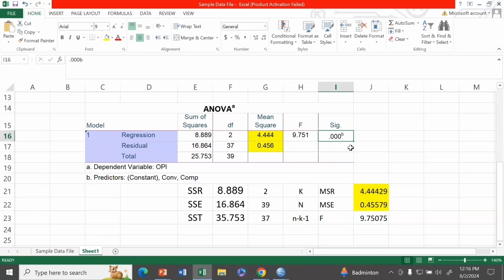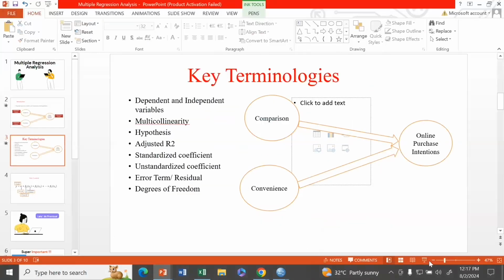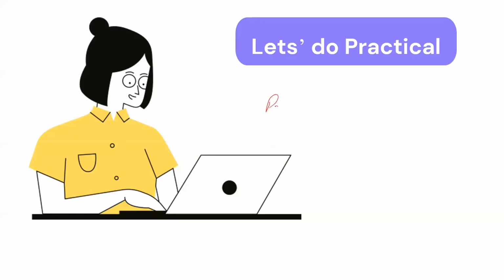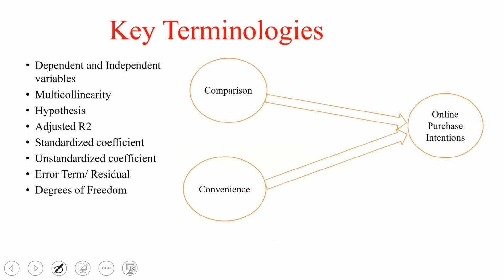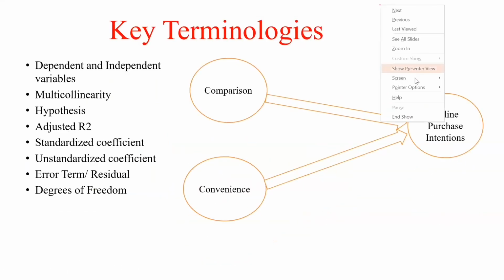Do you know what we mean by this significance value right here? The P value. When we talk about the probability value, this is very important to understand, which is also denoted as the P value. Taking you to this example, where I will be mentioning that comparison has a significant relationship with purchase intentions.